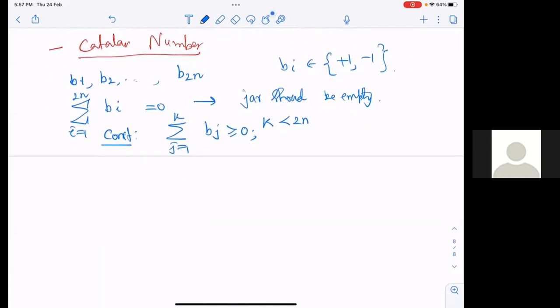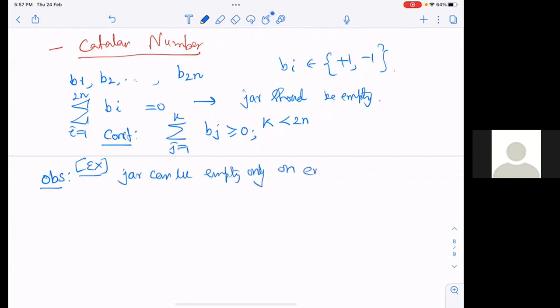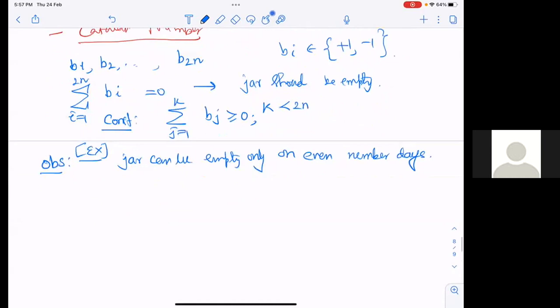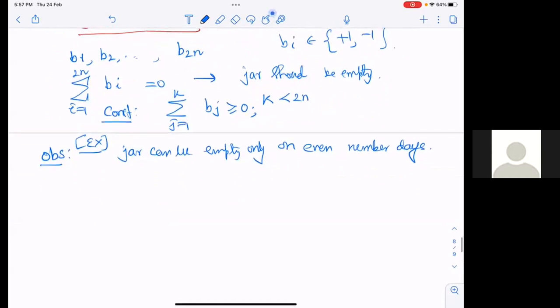One minor observation, which you can verify offline, is that the jar can be empty only on an even number of days. It's kind of obvious. With that in mind, let's put the picture.